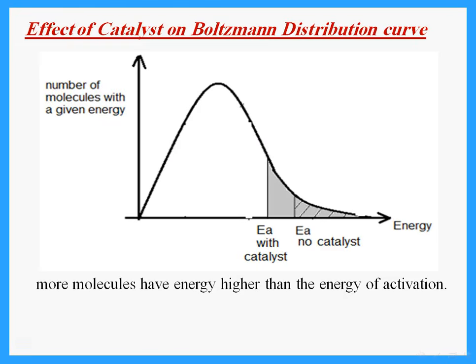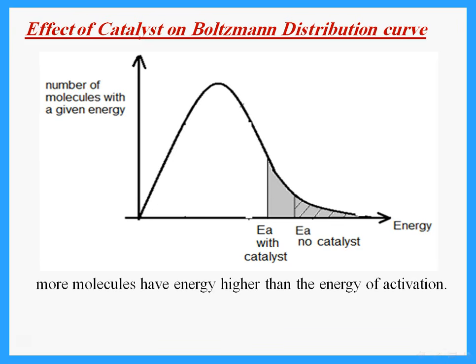We said, how does a catalyst speed up the reaction? First of all, we're not changing the energy of the particles themselves, but we are lowering the activation energy. So the activation energy of the reaction with a catalyst is lower, and that means more of the particles will have energy higher than the activation energy.